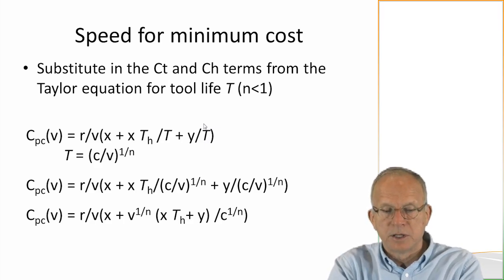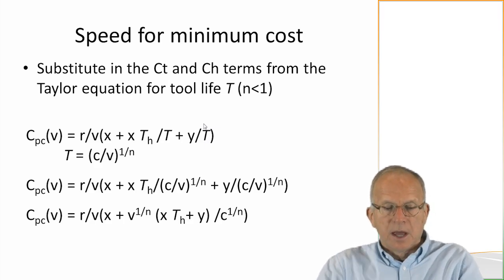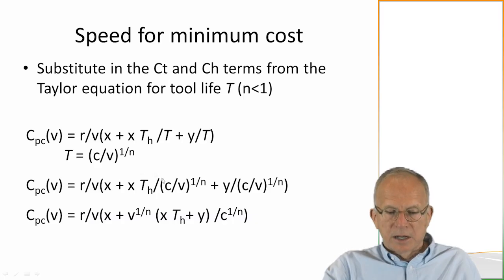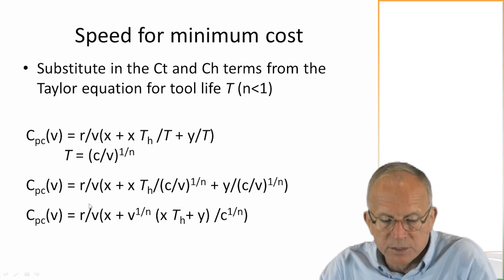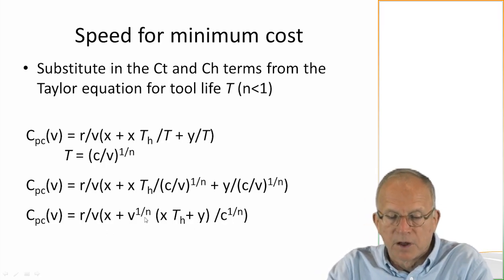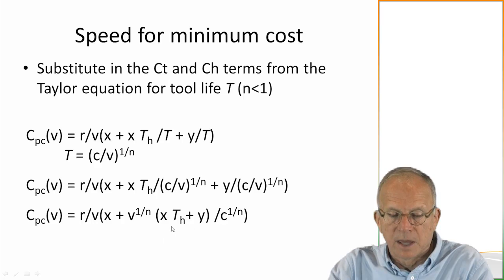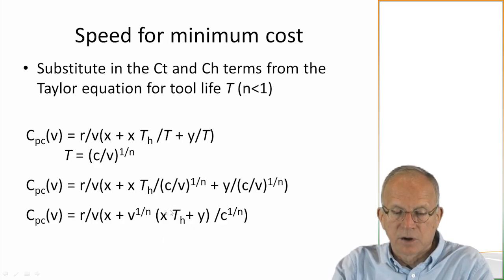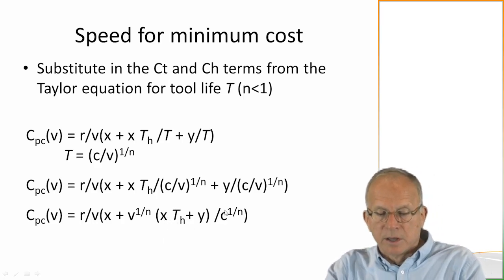Well, we go to the Taylor equation, and so then we use that. And here we can see the Taylor coefficients coming in as we make that substitution in the tool life. So now you can see we've got a number of terms that involve the cutting speed, and here's the cost of the machine per operator.